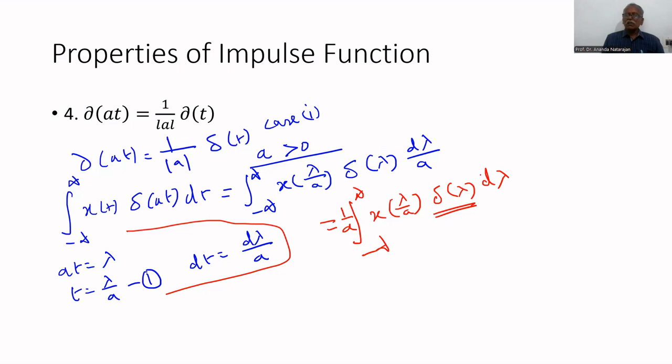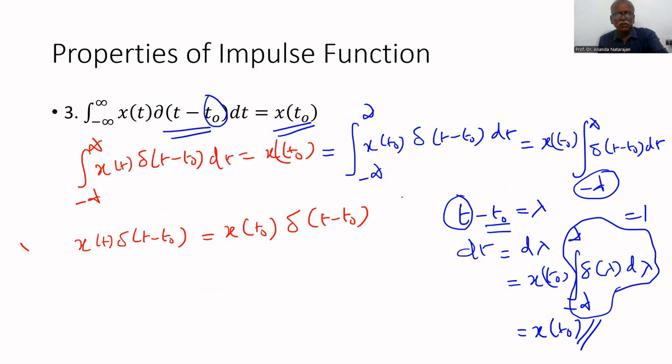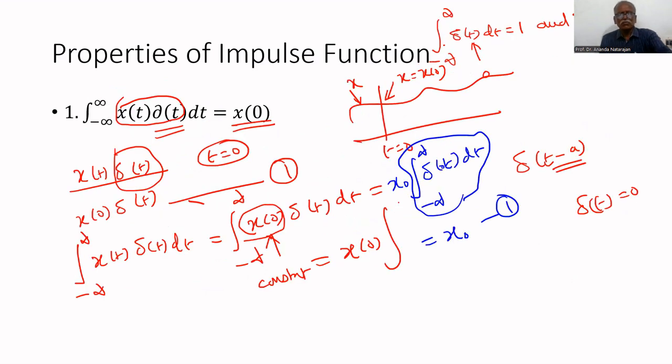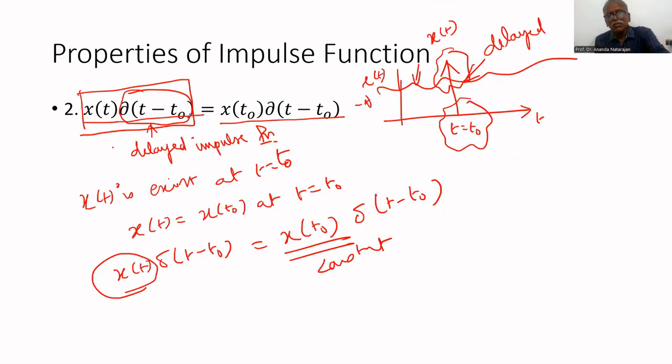This function will exist only when lambda equals 0. Therefore, by using the first property, what is the first property? The first property says that the integral from minus infinity to plus infinity of x(t) δ(t) dt equals x(0), because δ(t) exists only at t equals 0.